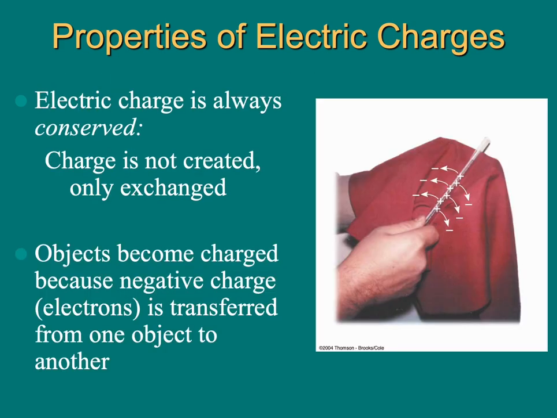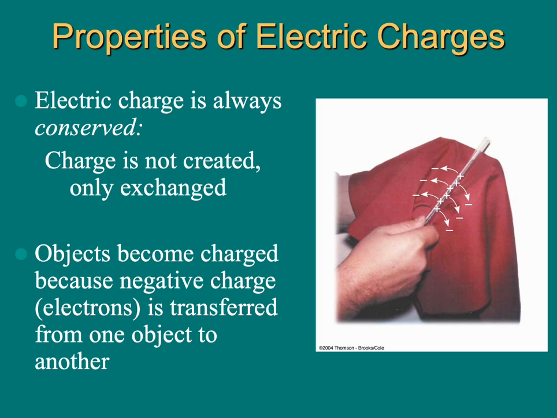There's another important property about electric charge. Electric charge cannot be created or destroyed. So in the sense that the total electric charge in the universe is a constant. Charge can only move from one object to another object.